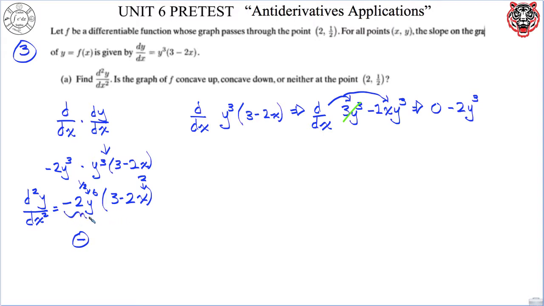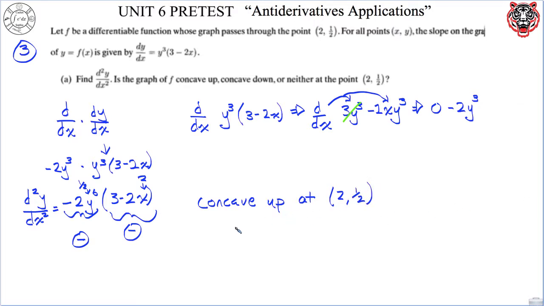And then what about this thing? When I plug in 2, negative 2 times 2 is going to be negative 4, and 3 minus 4 is a negative again. So negative times a negative, and our answer here is concave up, and then you can be a little bit more formal, at (2, 1/2).